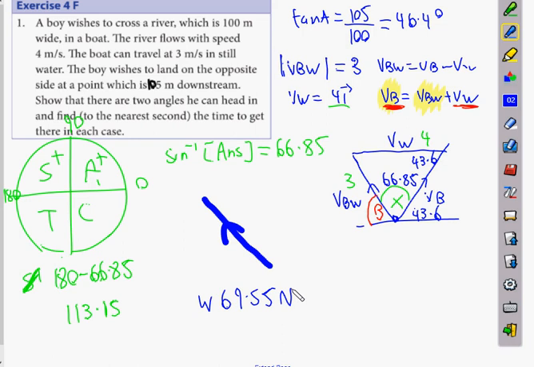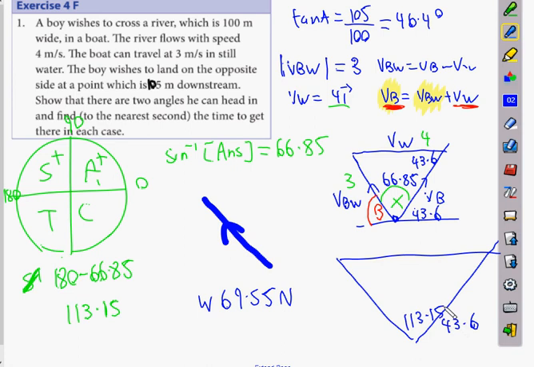Now, there's a second answer. The second answer involves me using my 113.15 degrees. So I rewrite the triangle to go wider than it has been. And what I have here is still 43.6, but this is 113.15.